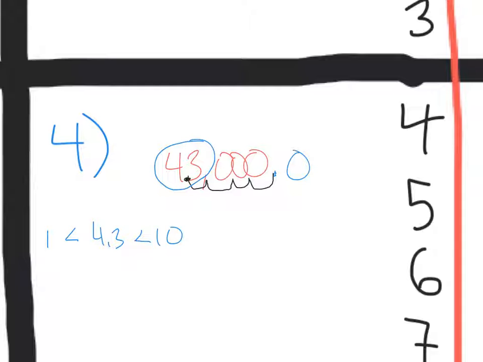So we take 4.3 and write times 10 to the, and then we count how many times we moved it. That was 1, 2, 3, and 4 spaces. So 43,000 is the same as 4.3 times 10 to the fourth. And that is your answer.